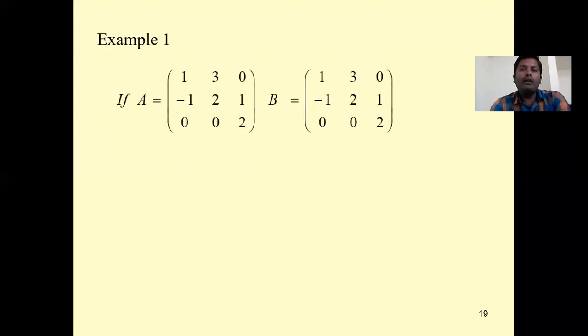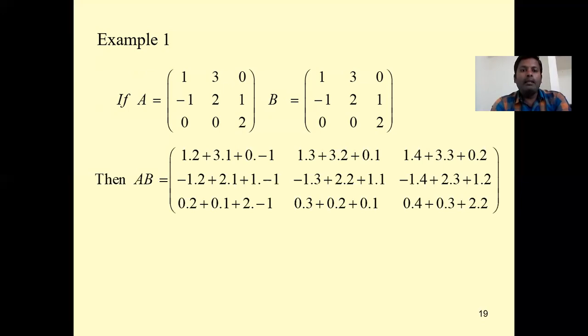If A is equal to [1, 3, 0; -1, 2, 1; 0, 0, 2] and B is equal to [1, 3, 0; -1, 2, 1; 0, 0, 2], then AB. Then we go to the multiplication. Write the corresponding row and corresponding column: first row, first column; first row, second column; first row, third column.